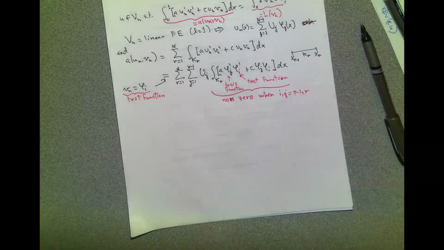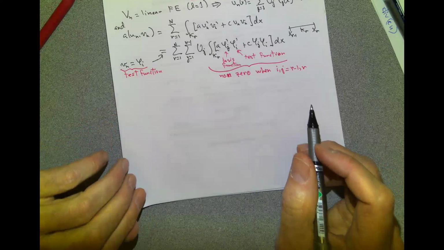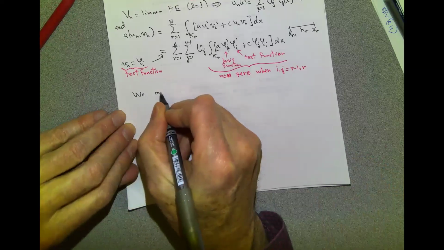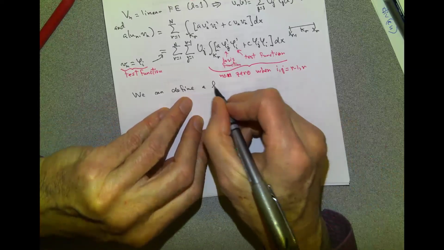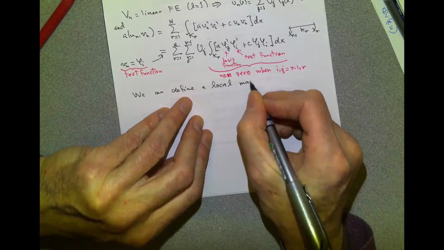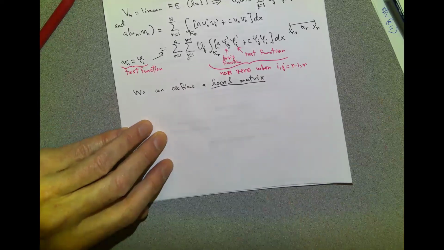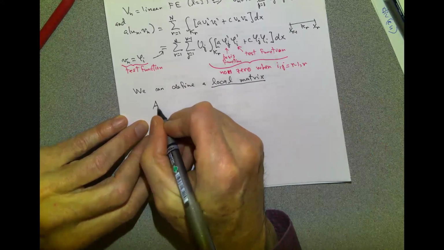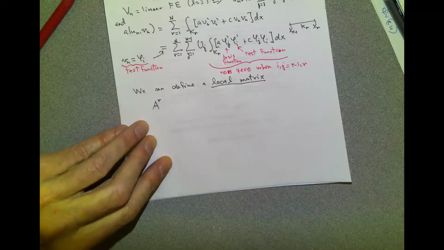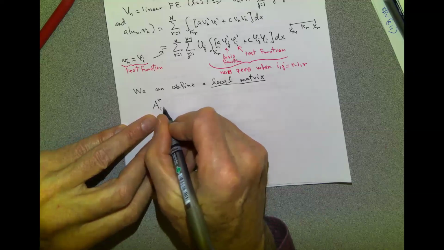Like that. So that means I'm going to generate a small matrix. So we can then define a local matrix. We're going to call it a local matrix, A^r, with entries i, j like that.